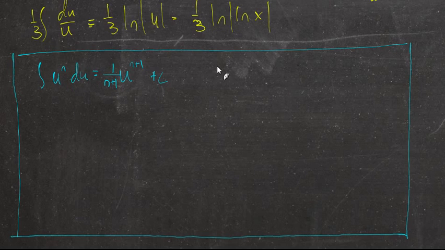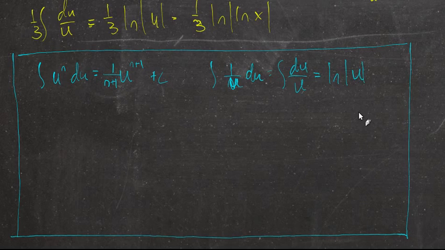Okay, so this new chapter has introduced u to the -1, or 1 over u times du, or du over u, which is the natural log of the absolute value of u. Okay, so it's just one more form that we try and fit integrals into.